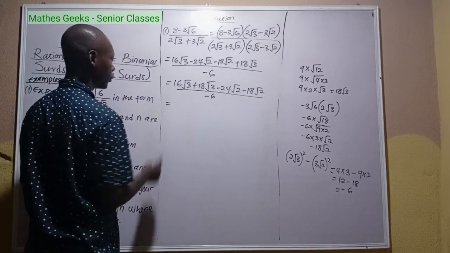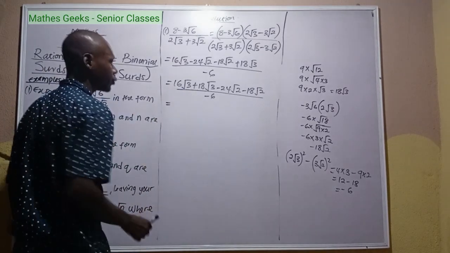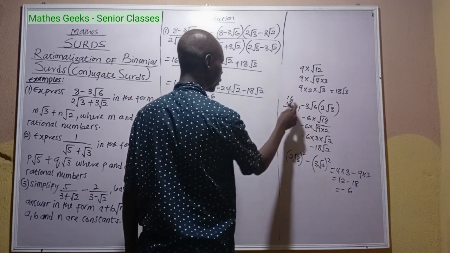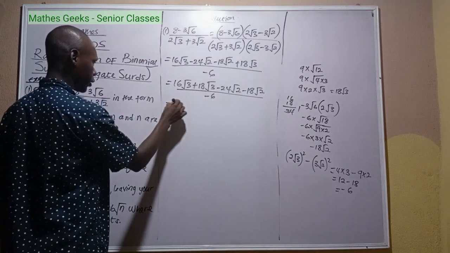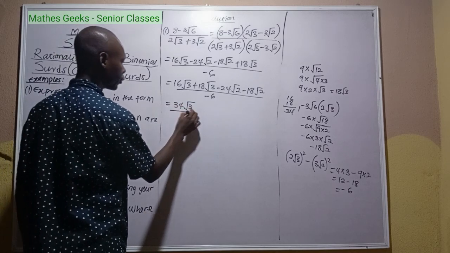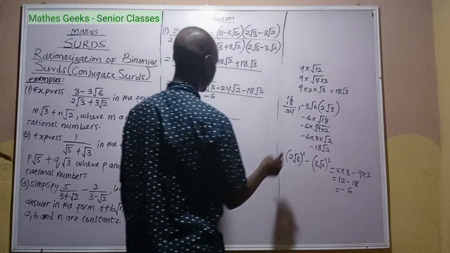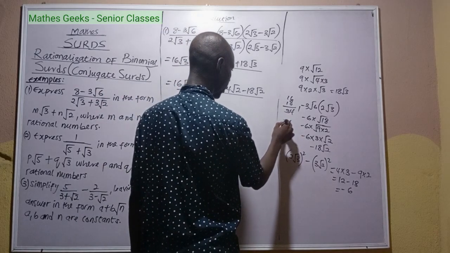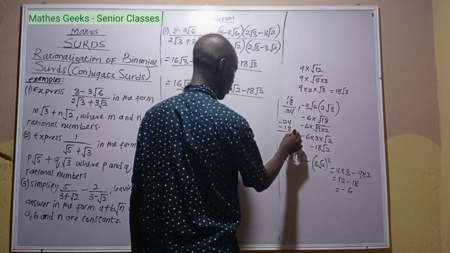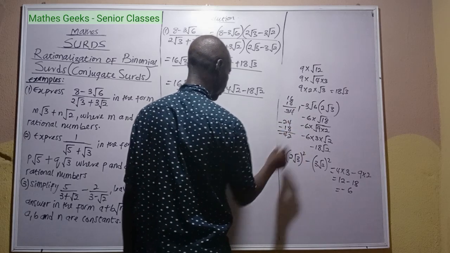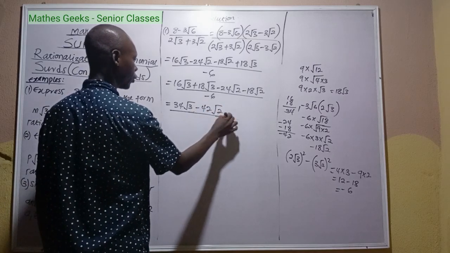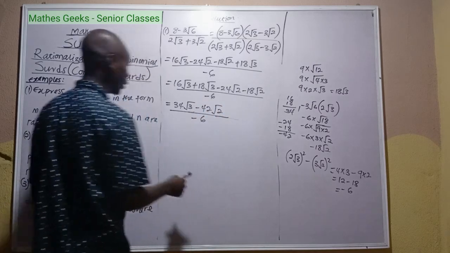And this will give us 16 root 3 plus 18 root 3, which is 34 root 3. And then minus 24 minus 18. When the signs are the same, you add them together. That's minus 42 root 2. And that's over minus 6.